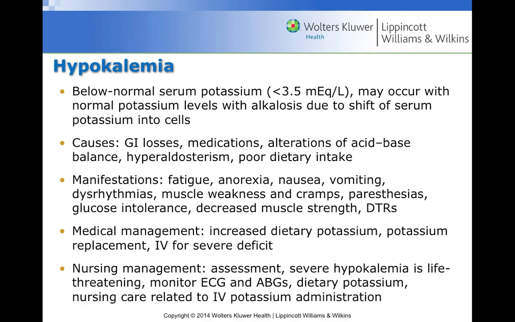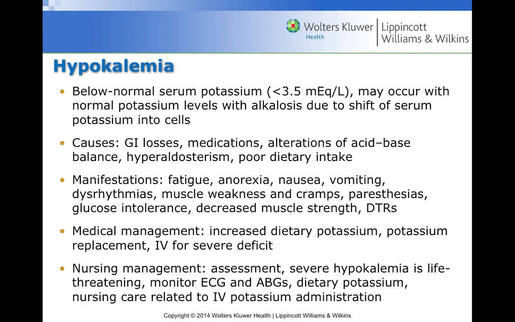Careful monitoring of fluid I&O is necessary because 40 milliequivalents of potassium is lost for every liter of urine output. Also, you want to monitor those ECG changes, especially if administering IV potassium.